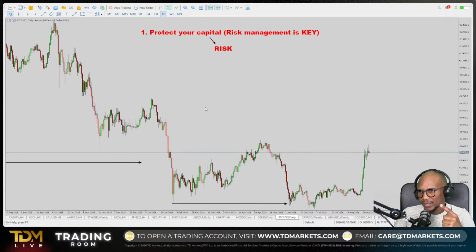So when it comes to entries, we don't guess where the entry is. We notice setups that give us consistent movements, like even 8 out of 10, 6 out of 10, as long as it's consistent. And then we use it to our advantage, and we create or develop entries from that. So we're not guessing anything.